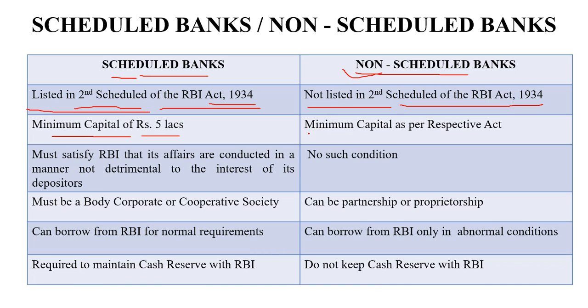Non-scheduled banks, they do not have to maintain the minimum capital, but they have to maintain the minimum capital as per the respective act. Then scheduled banks must satisfy RBI that its affairs are conducted in the manner not detrimental to the interest of its depositors.